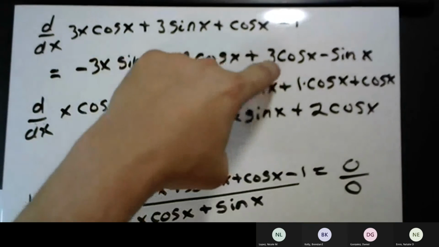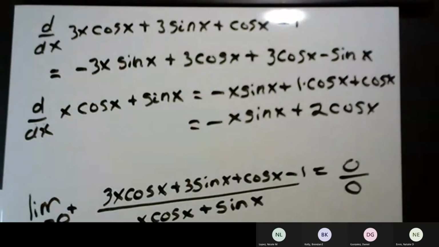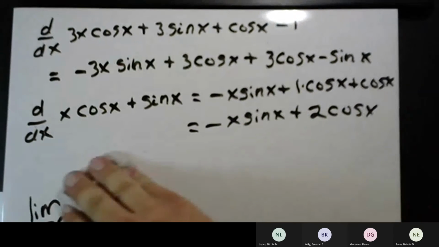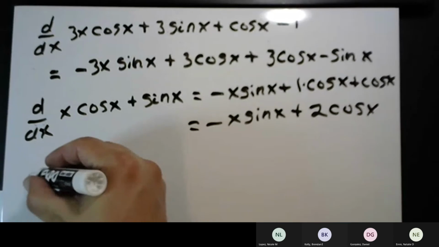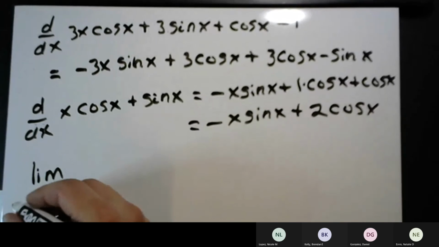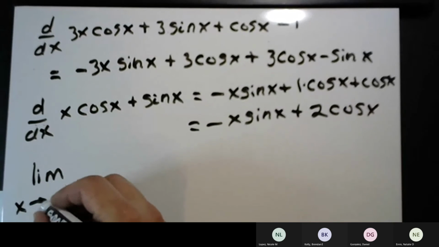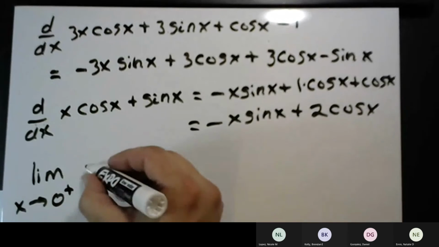And these we could have combined into the 6 cosine x. We could have done that. So finally, now we get to take our limit again. Hopefully it'll work. Certainly put in the effort.